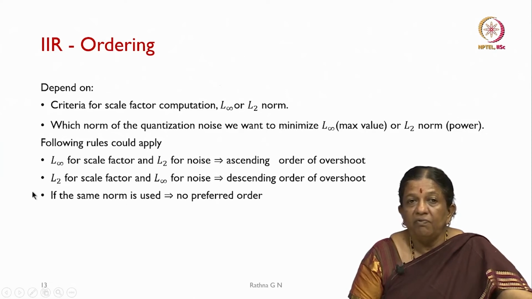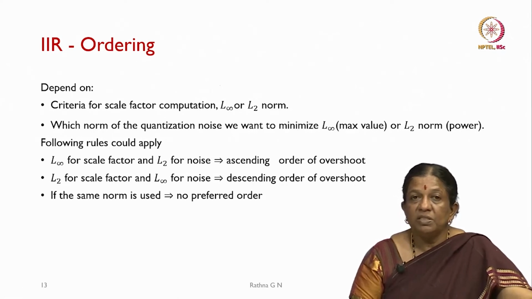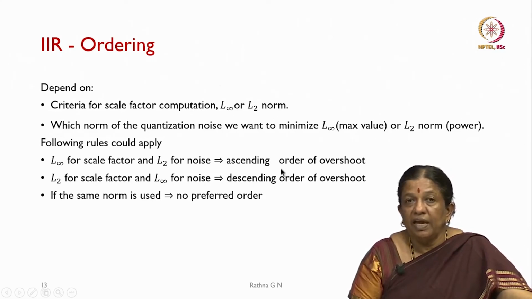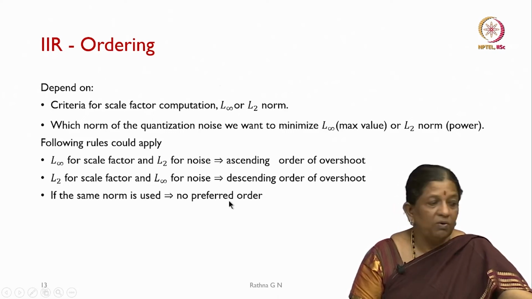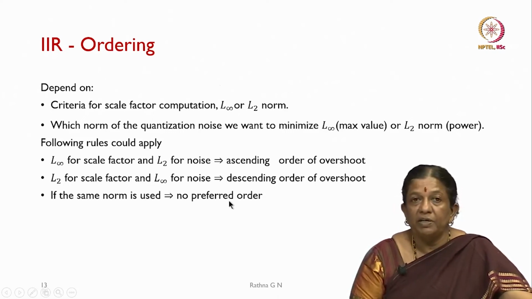When we have L2 for scale factor and L infinity for noise, then we have descending order of overshoot. Based on this, we organize our second order sections in ascending or descending order. If the same norm is used, there is no preferred order, so you can go in whatever order you want.